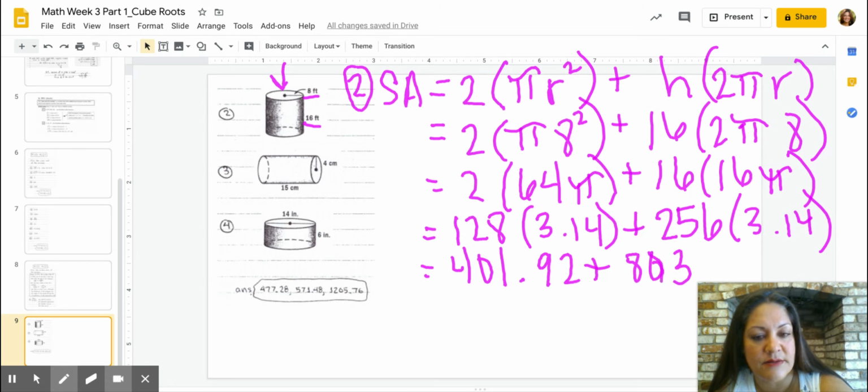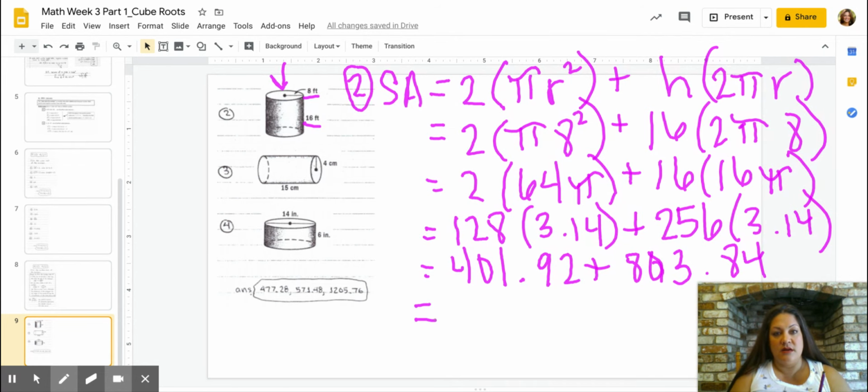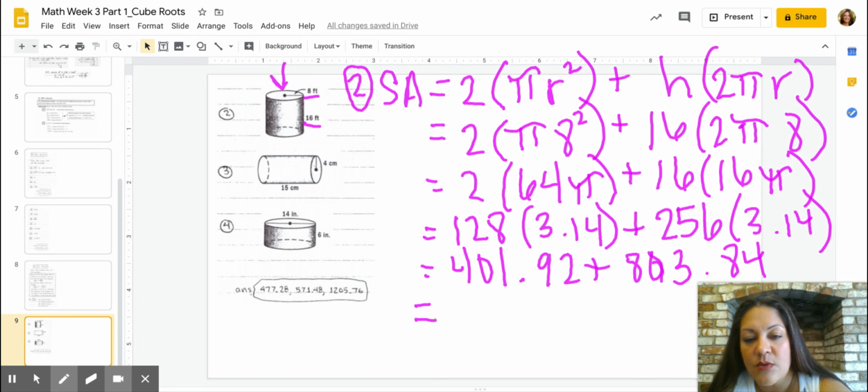That's a 0, and I keep doing that. 0.84. Add them together. Equals 1,205.76. Our label is feet.